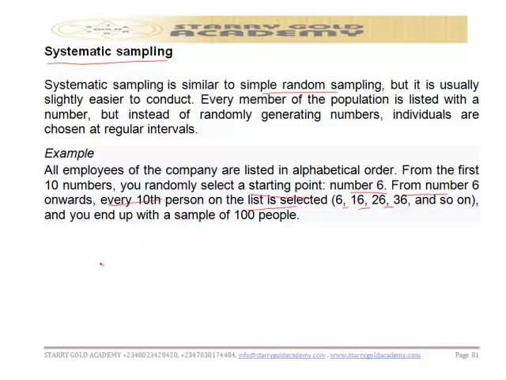Let me tell you how it is. The interval will be N over n, where N is the population and n is the sample you want to select.